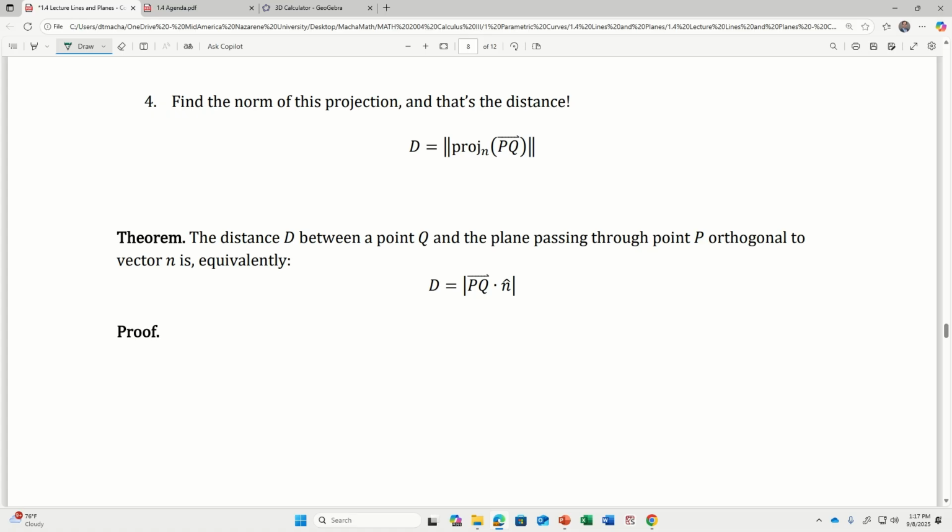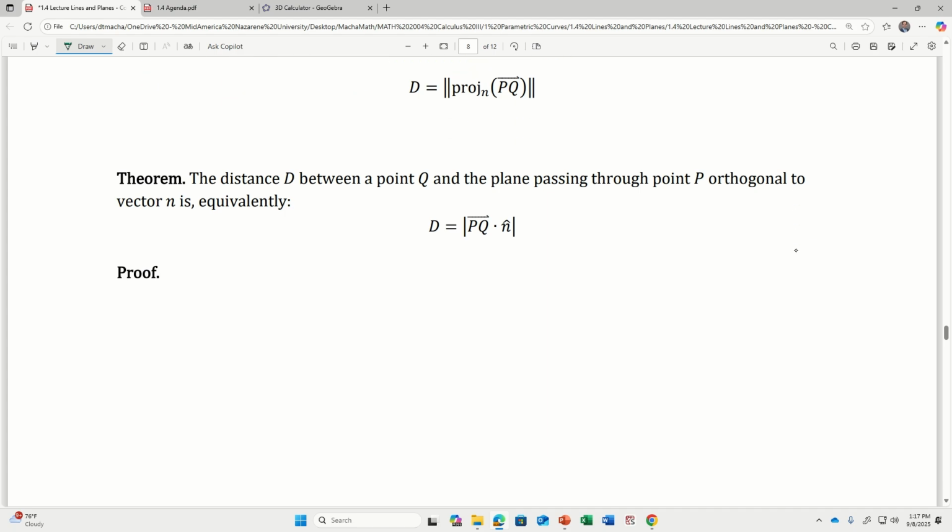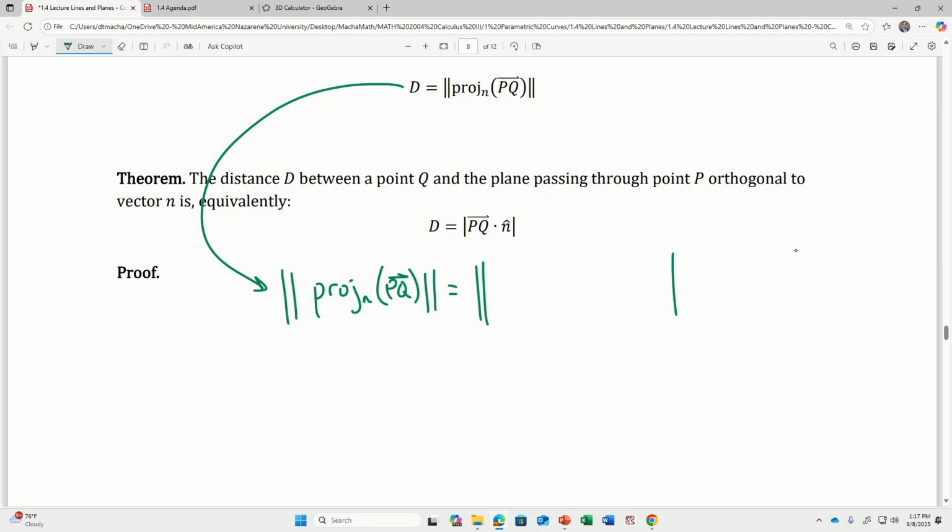I imagine the proof is pretty straightforward. I'm just going to try starting with this, the thing that we talked through already. And if I have the norm of the projection of PQ onto N, that's the same thing as the norm of this whole mess.